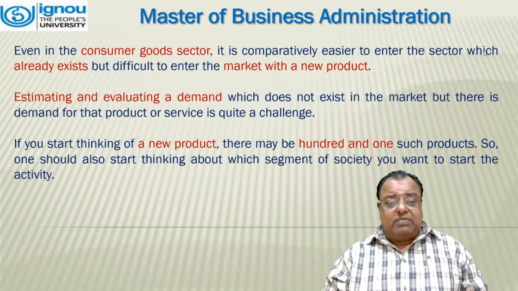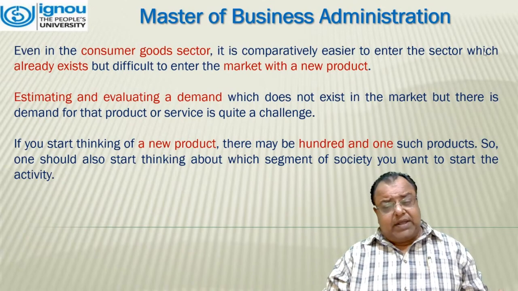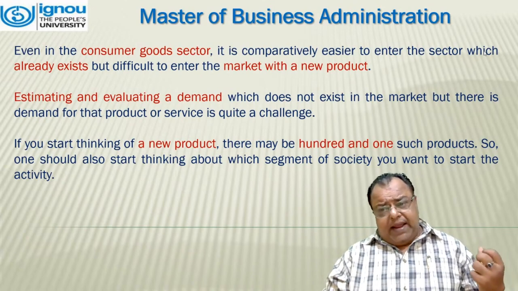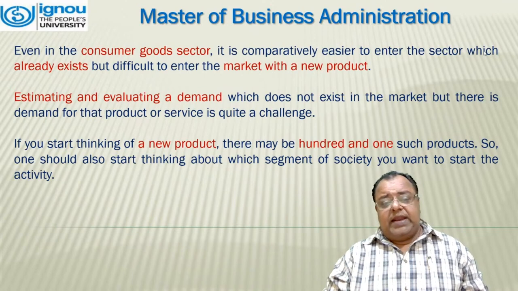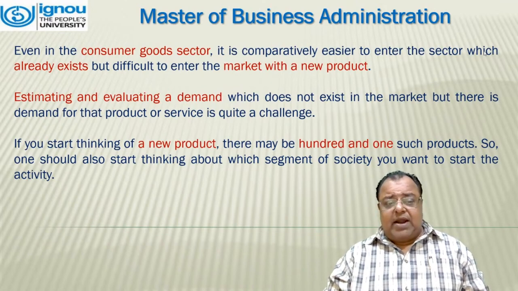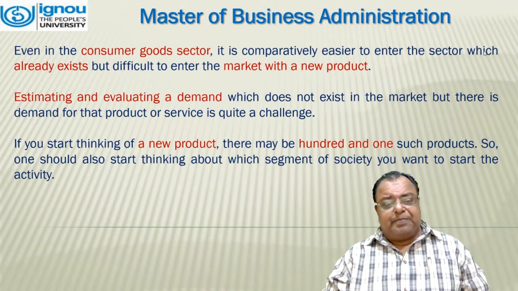Even in the consumer goods sector, it is comparatively easier to enter a sector which already exists, but difficult to enter the market with a new product. Estimating and evaluating a demand which does not exist in the market, but there is a demand for that product or service, is quite a challenge.